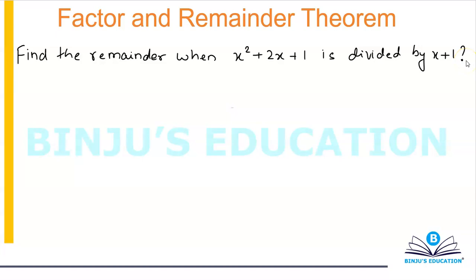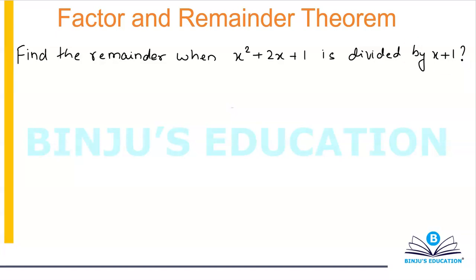Once we are done solving this question, you would realize that the factor theorem is nothing but a subset of the remainder theorem and nothing else. It's a special case of the remainder theorem.